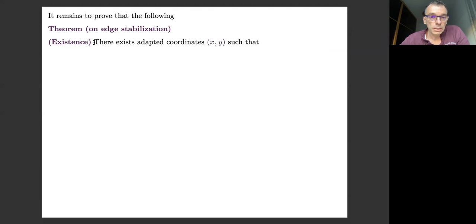The first claim is that there always exists an adapted system of coordinates, x and y, such that the Newton polygon computed with respect to these coordinates will be edge stable.